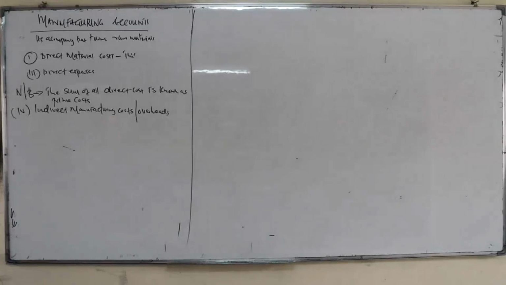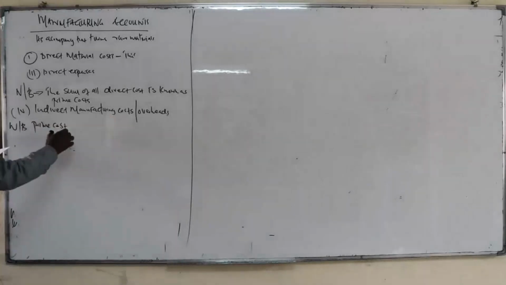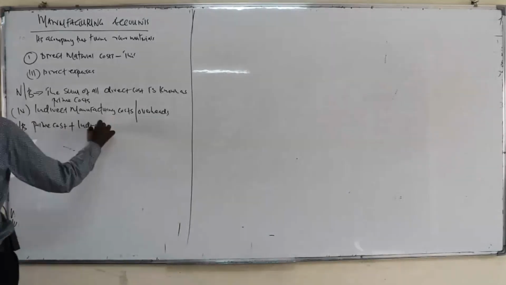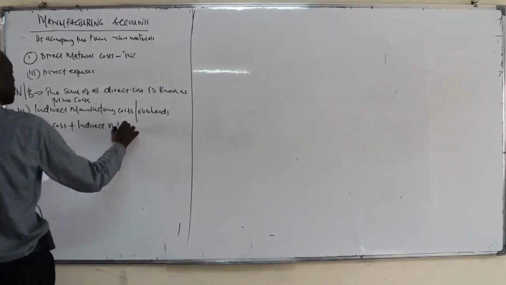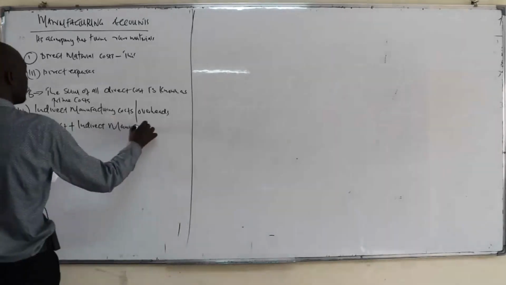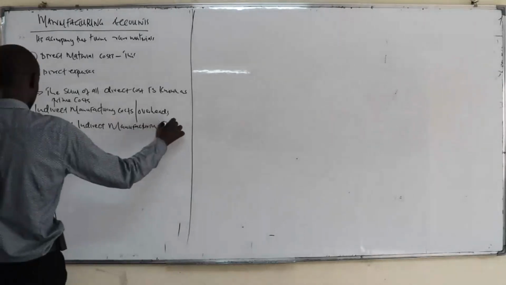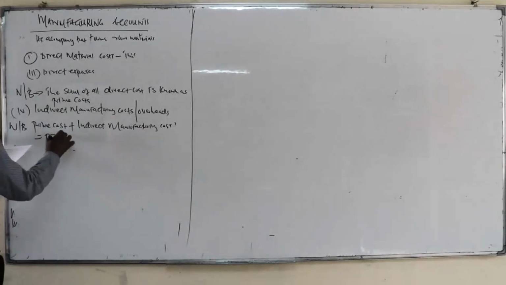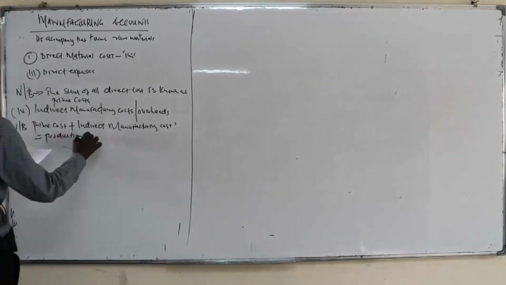So NB, prime cost plus indirect manufacturing cost is equal to production cost, or manufacturing cost.